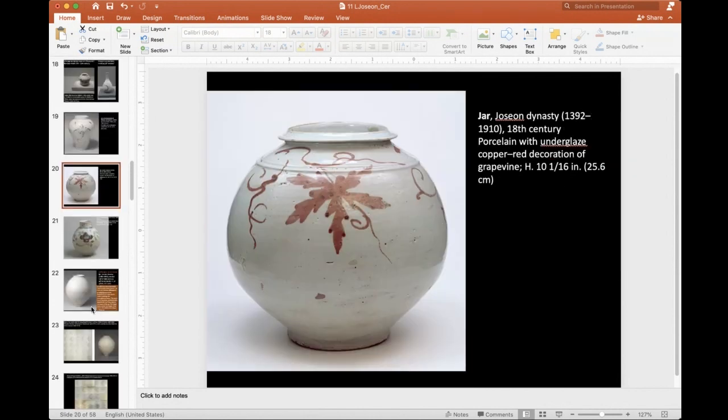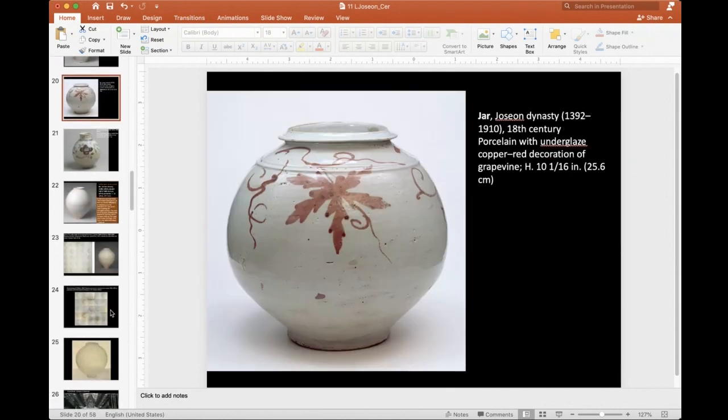This is also a very good example of 18th century. It's a grapevine. This is really great. Grapevine and grape leaf painted over here, and it's red because they use copper-rich slip as a medium.